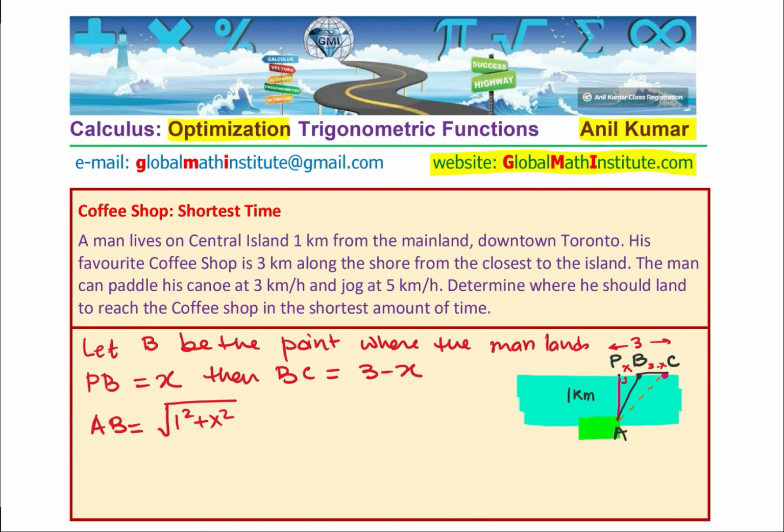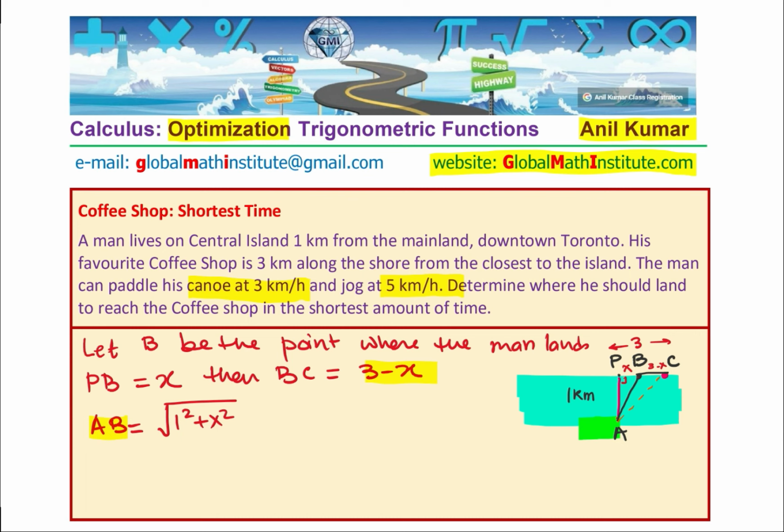That is A to B. And B to C is given to us as 3 minus x. We are also given the speed of canoeing, which is 3 kilometers per hour. That is for A to B. And then jogging is 5 kilometers per hour. That is for B to C, right?